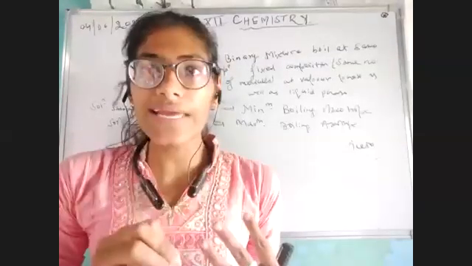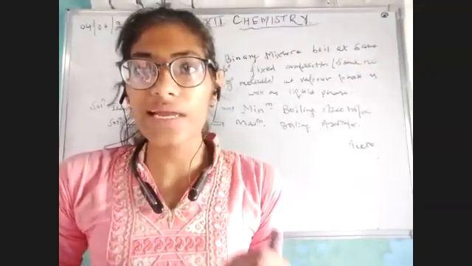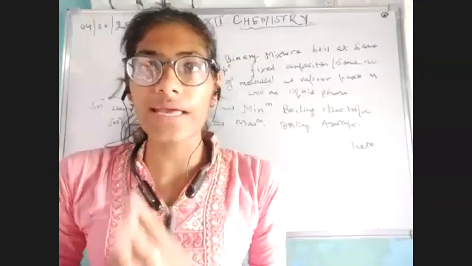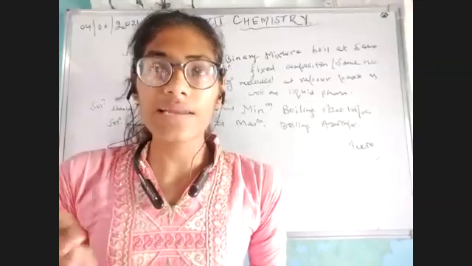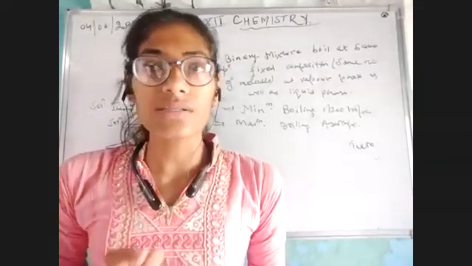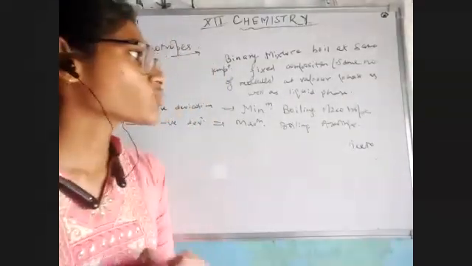Clear? So from these 4, you will get one numerical question definitely, and if you are lucky enough, you will get one derivation also on either of them. I'm not specifying any one of them. Either any one of them, you will get a derivation as well as a numerical. Otherwise, the numerical would come 110%. Clear? So the topic is very important.